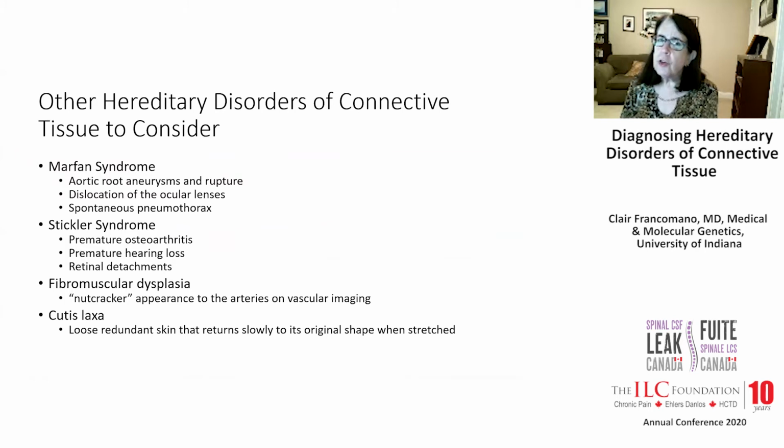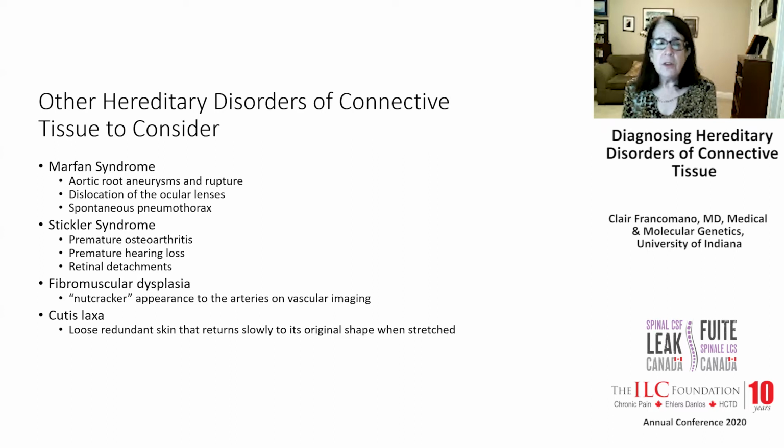So what are some of those other hereditary disorders of connective tissue that we should consider? I did a search on OMIM today just to look. When I put in joint hypermobility, I got back 1,599 entries in OMIM. So there are very many syndromes and genes associated with joint hypermobility.